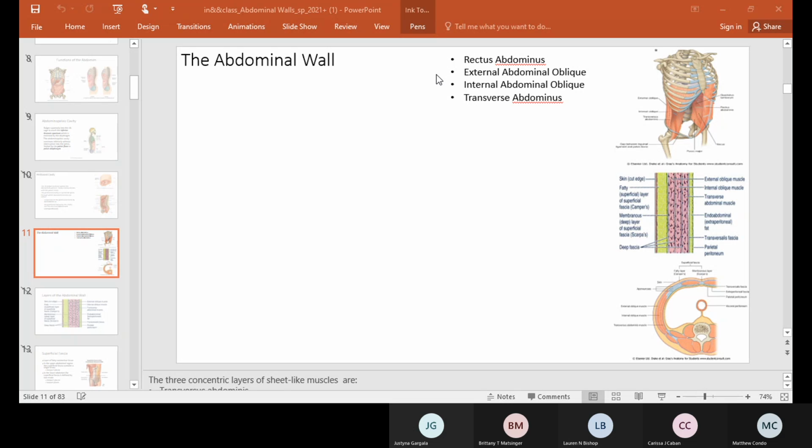When internal abdominal oblique is innervated bilaterally, so now I have right and left getting zapped, what I will get is trunk flexion. The reason is those vectors that we talked about last time. If I have a vector going to the left and a vector going to the right, those are going to cancel each other out, right?